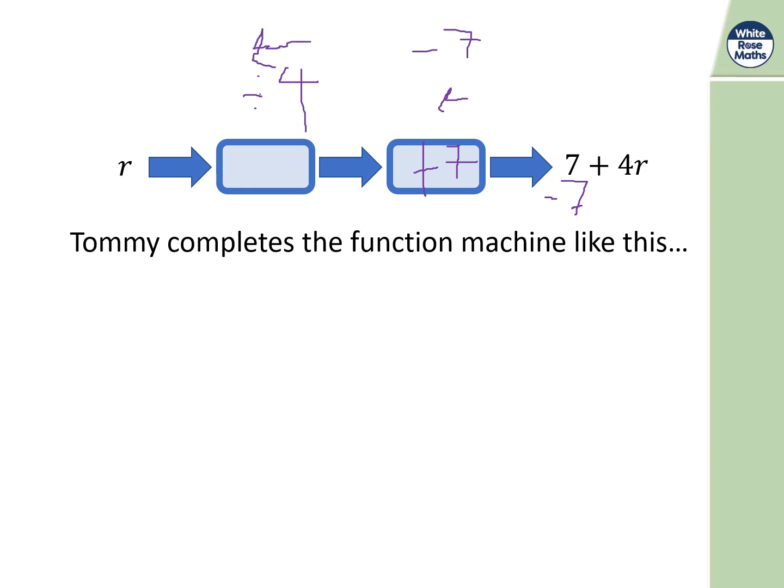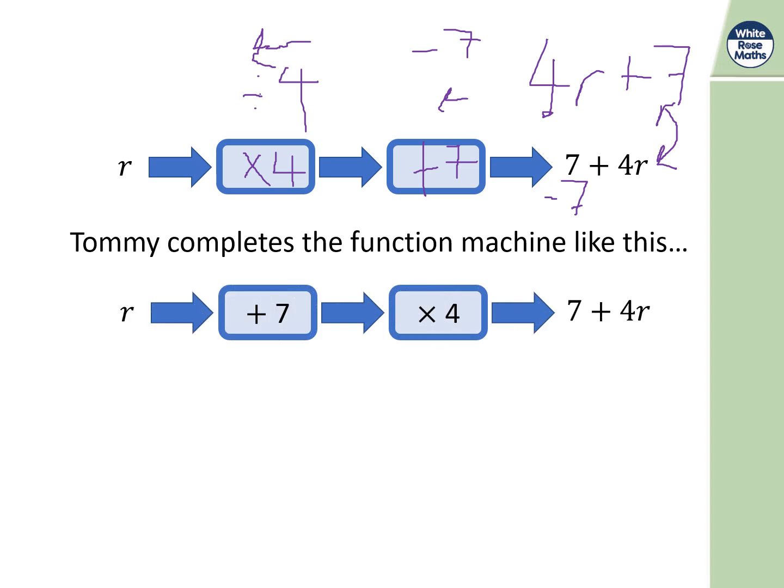The opposite of division is multiplication, so it'd be times by 4. r times 4 is 4r, and then add the 7 and I get 4r plus 7, or 7 plus 4r. Either expression means the exact same thing, and the examiners will give you the same marks.